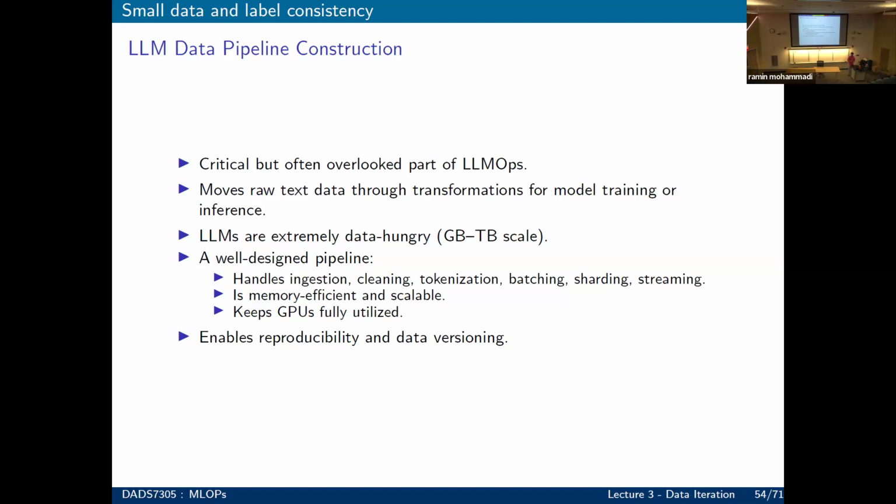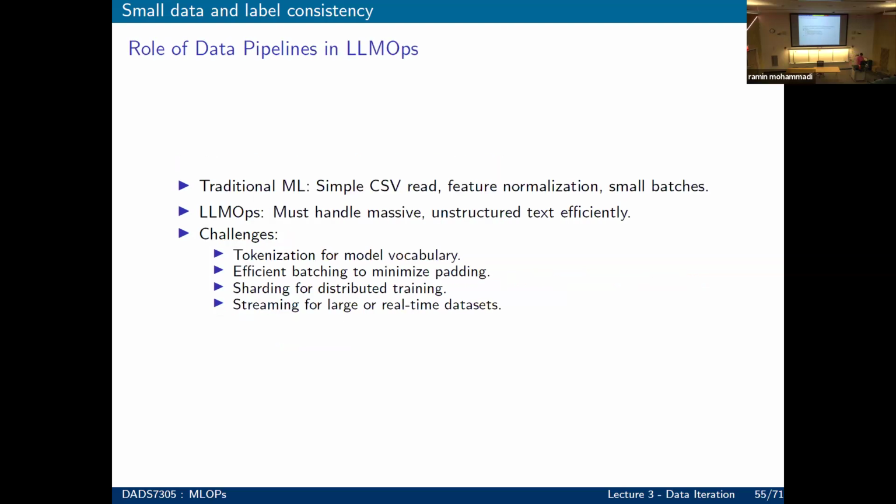You need to be sure that you have a pipeline that can handle ingestion, cleaning, tokenization, batching, sharding, and streaming. We're going to talk about those elements right now. You need to be sure that this pipeline is memory efficient and scalable, and that all your GPUs are fully utilized. We're going to talk about all of those soon.